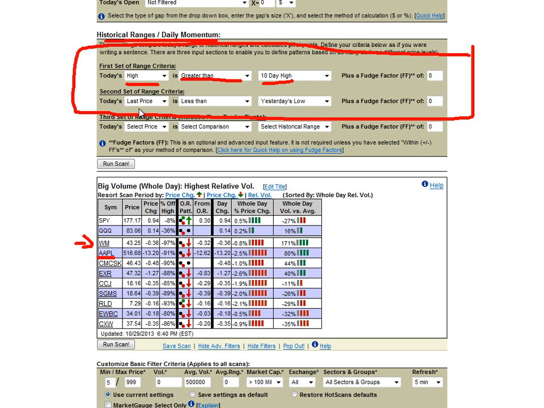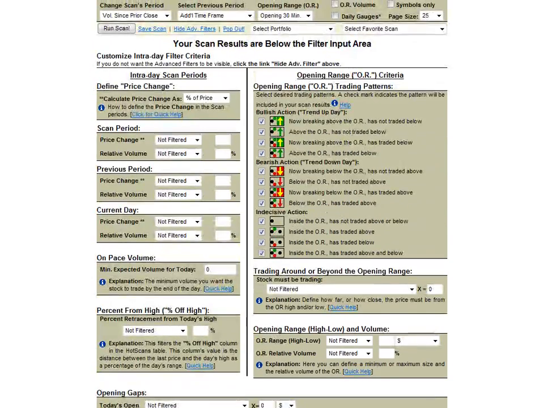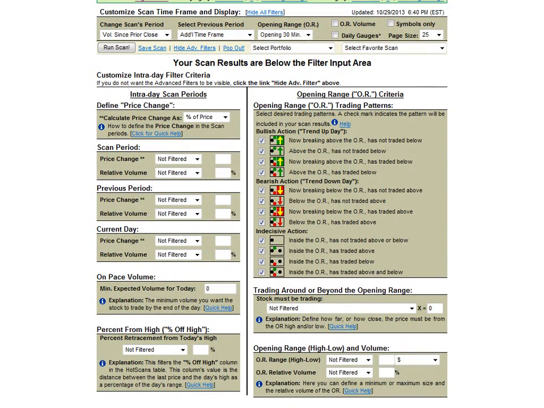And then the other definition of my key reversal is that the last price has to be less than yesterday's low. And that'll give you that bearish reversal. Now, I also changed one other filter, which is because I was on a big volume scan, the scan period relative volume would default to being greater than 0.